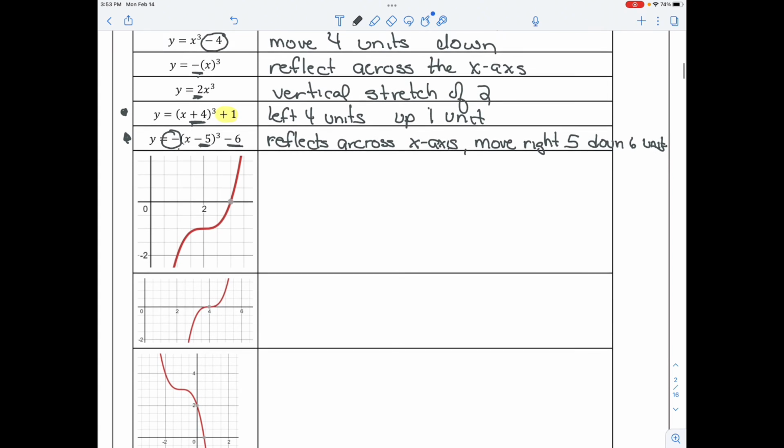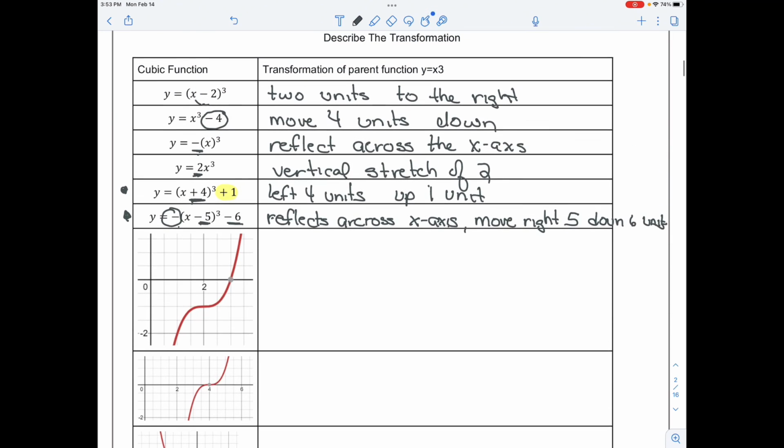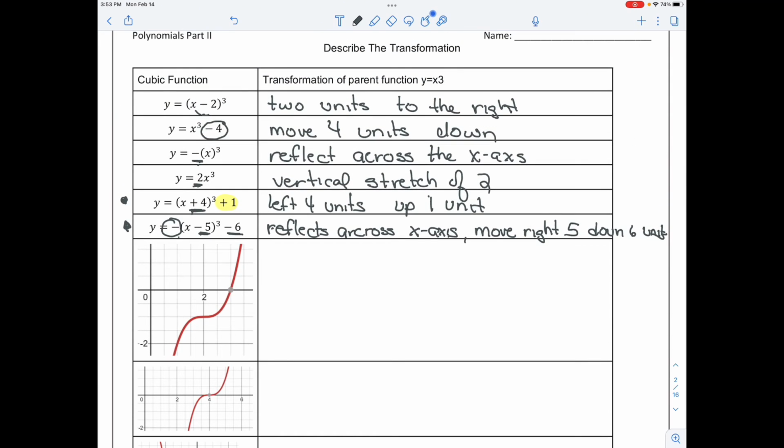Now, what you're given here is an example of a cubic function, and I'm asking you, what is the transformation? Remember, in a normal cubic function, this part here is normally at the origin, so it would normally look like that. So how much did I move it to the left or to the right?